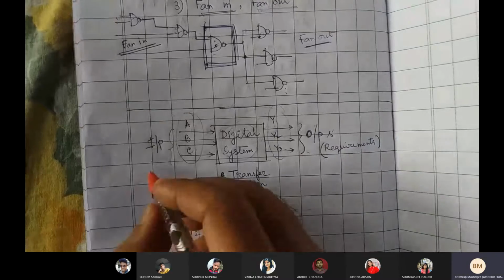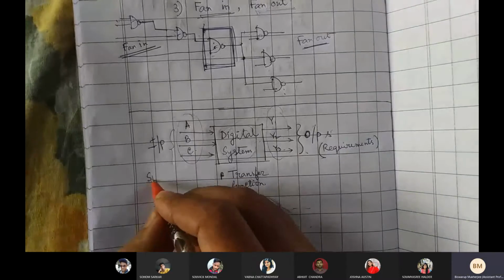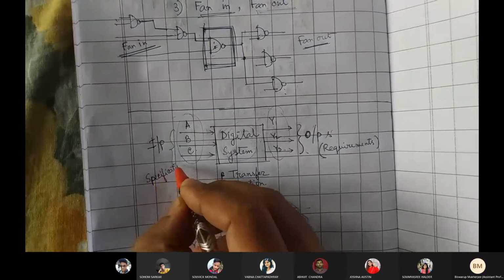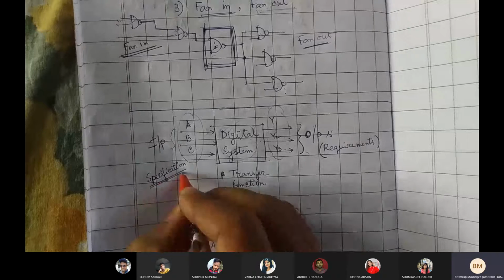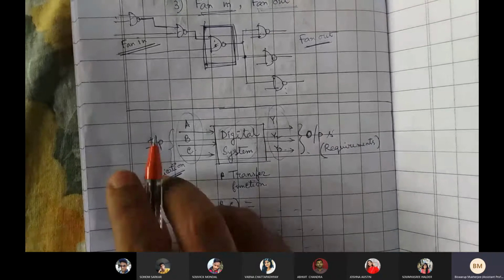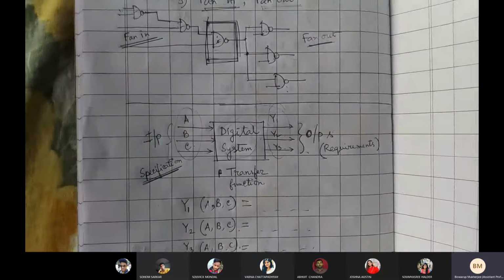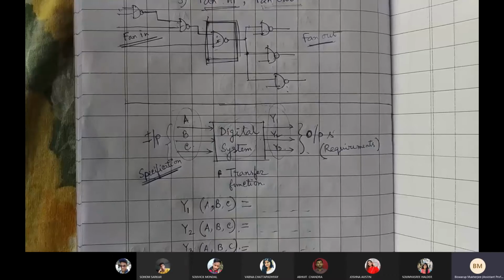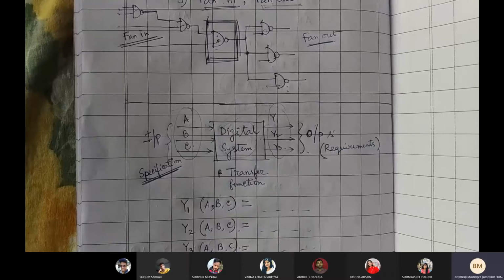And the input should have some specification. The specification term can generally also be written in case of outputs also. So these are the specification of the system. Generally also it's being written. But specification also we can use the term in case of inputs also. What are the input specifications?